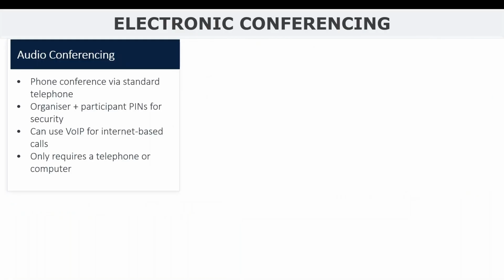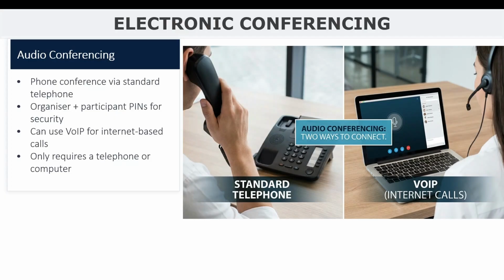Next, we have audio conferencing as the next item within the electronic conference. So again, with audio conference, you have a conference or meeting with people over the phone. And there are 2 ways. Basically, you use a standalone phone, or you make use of voice over the internet protocol, where you make use of the internet to make calls as seen in the picture here.